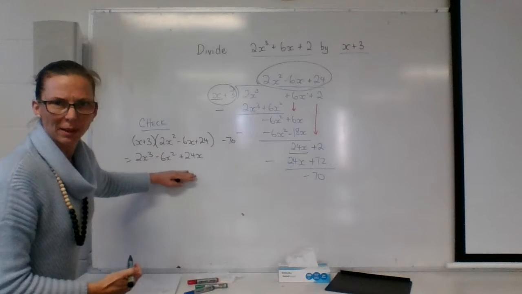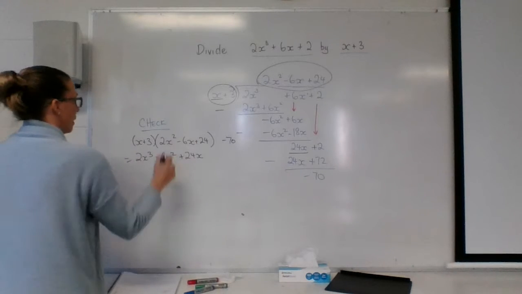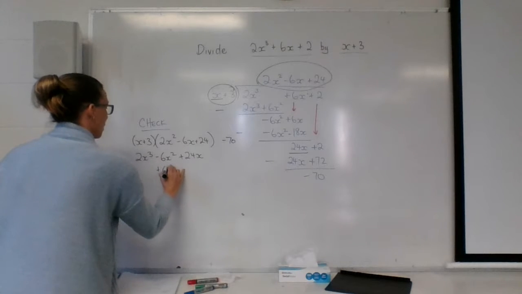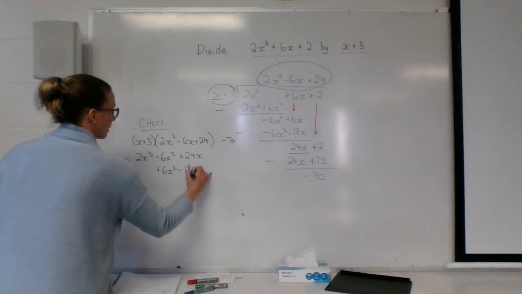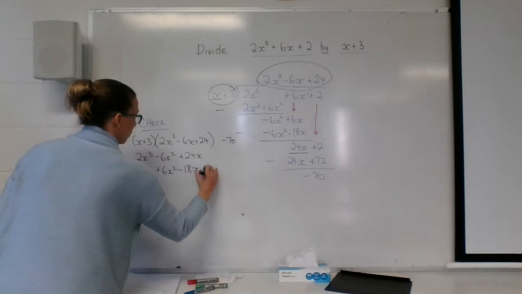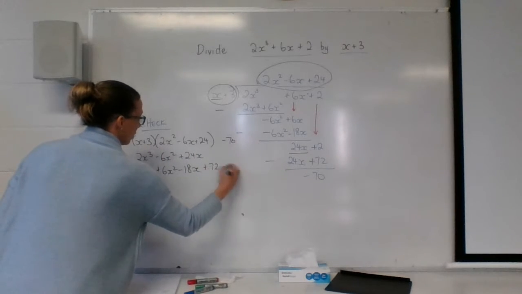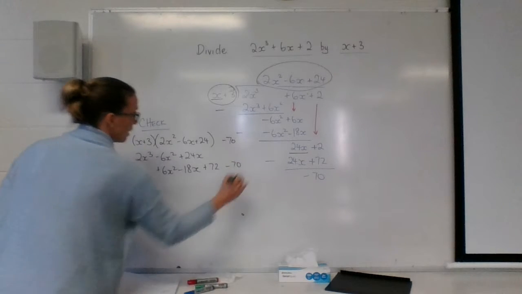I'm just running out of a bit of space, so I'm going to step underneath. 3 times 2x squared is 6x squared. 3 times negative 6x is negative 18x. 3 times 24 is 72. And I've still got this take 70.